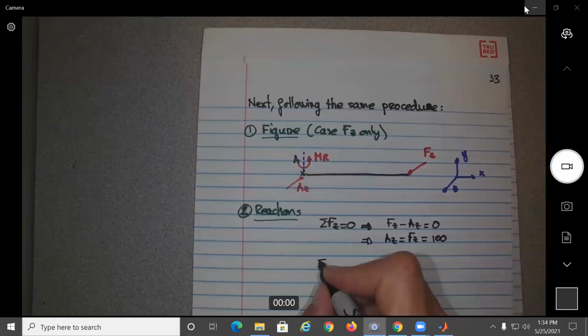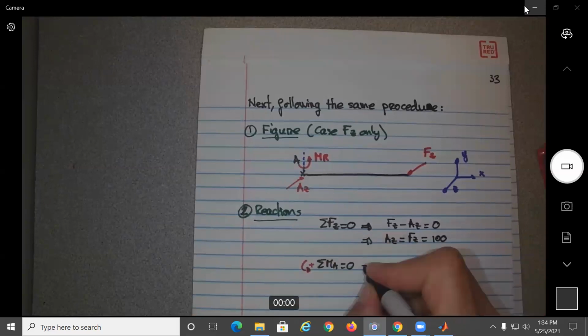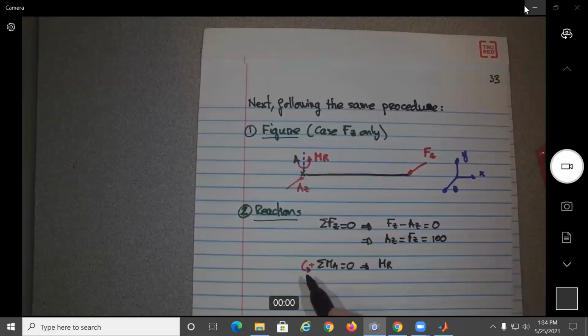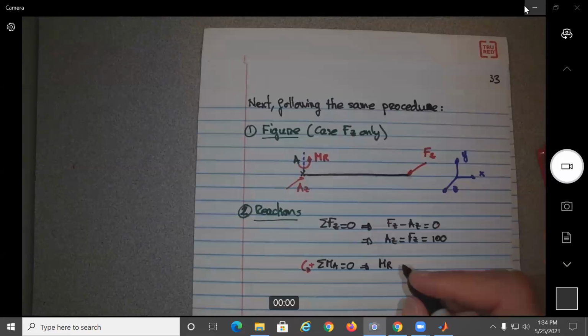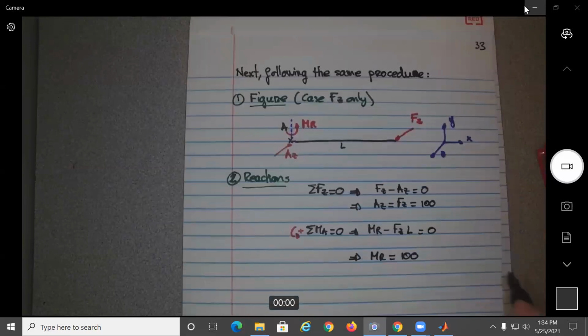And we take moments about point A. This is going to give us Mr. And now this moment is going to create a moment clockwise, so it's going to be minus Fz times L equal to 0, or Mr. Mr would be 100, so it's 100 times 1, 100 Newton meters.